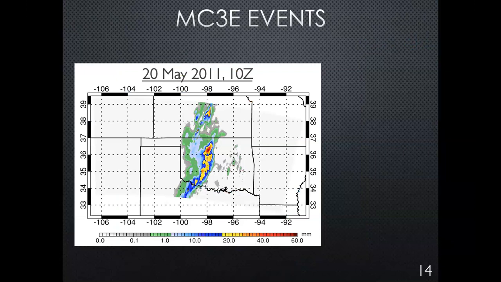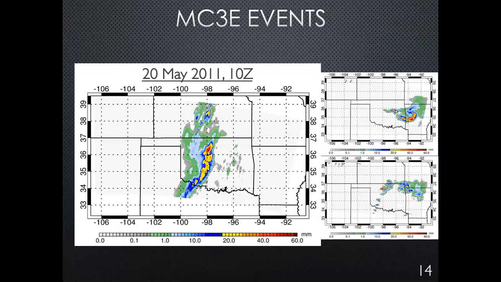Now, we'll also be evaluating the scheme in simulations of deep convection from MC3E, and we'll focus specifically on that same squall line, which occurred on May 20th, as shown here by a map of hourly accumulated rainfall. I'll mention that we did simulate and test other convective modes, such as this bow echo and supercells, but for brevity, we're just going to discuss the squall line.